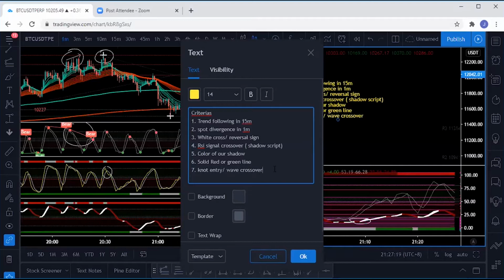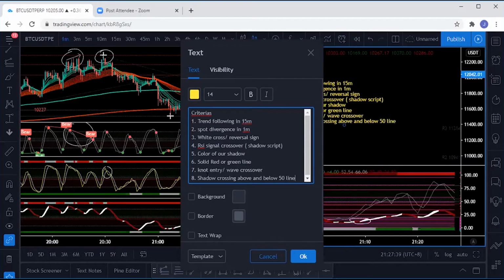Okay, check. And then the next confirmation is our shadow crossing above and below our 50 line.